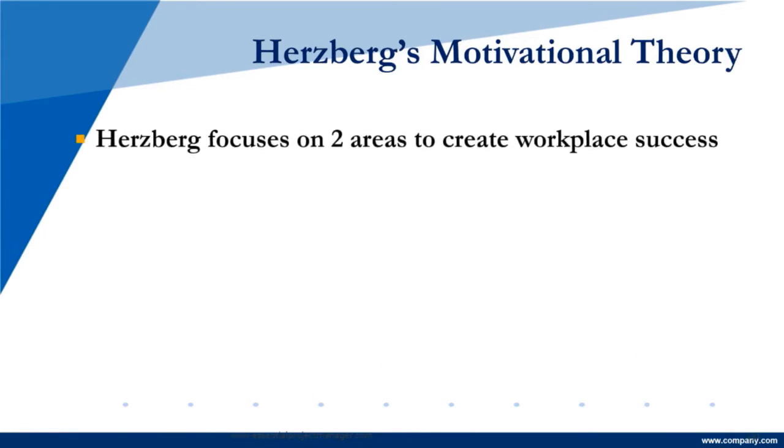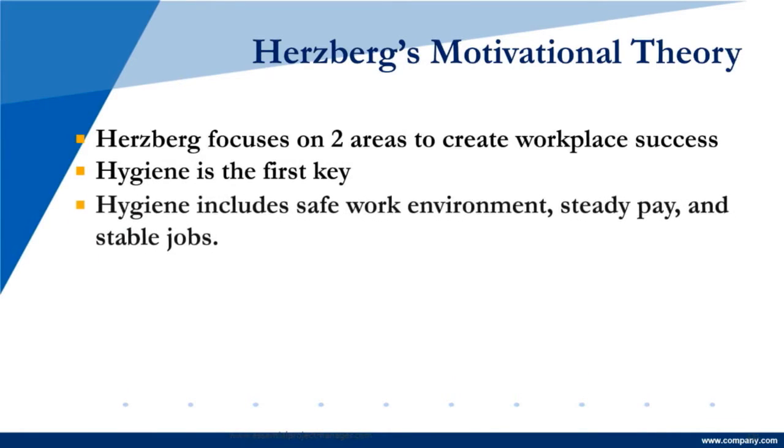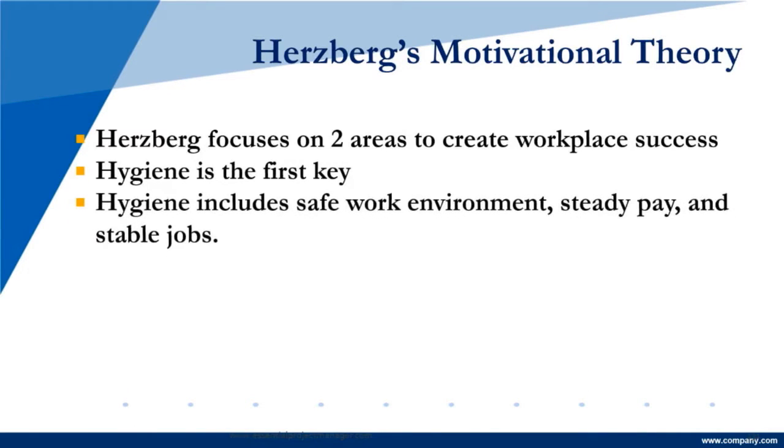Now here we're looking at two areas that create workplace success. That's what Herzberg focuses on. He looks at the first key, which is hygiene. In his mind, hygiene is not being clean. It's being in a safe work environment with steady pay and a stable job.